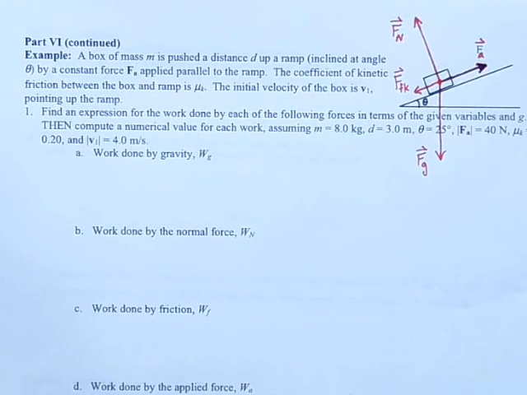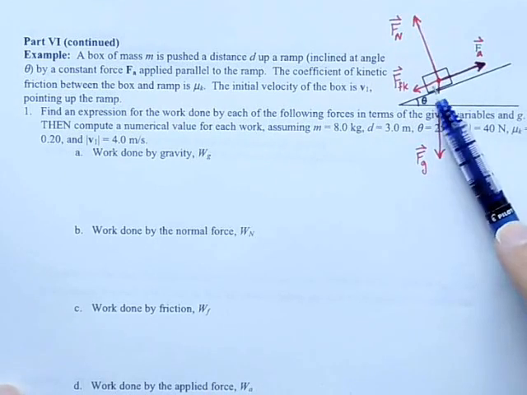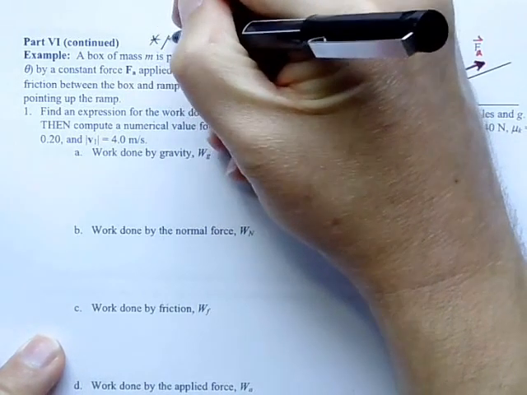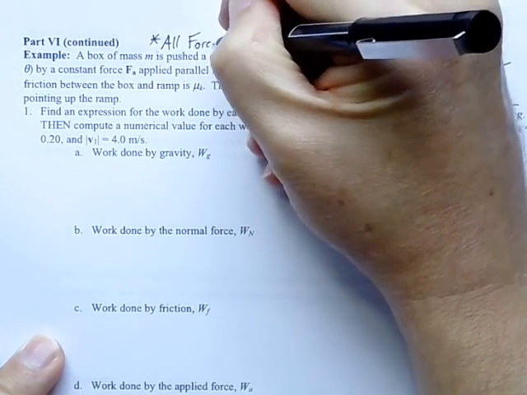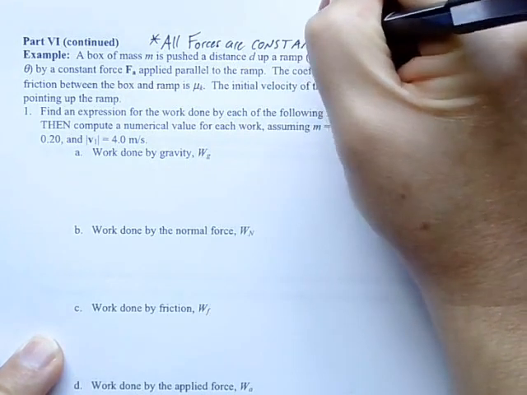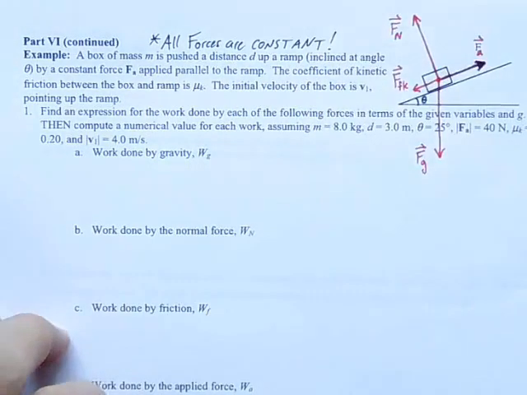Let's note that on our free body diagram, each of these four forces is going to be constant. They're all constant as the block slides up the ramp. So noting that all forces are constant along the path as the box travels up the ramp, that's going to simplify our work calculation.